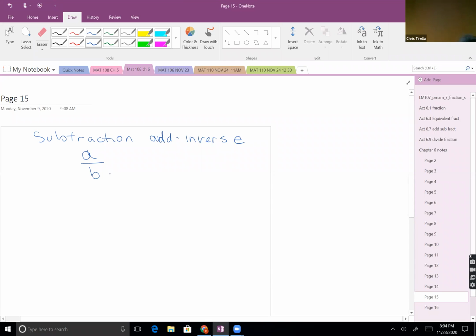If I have A over B minus C over D, I can think of that as A over B plus the opposite of C over D.